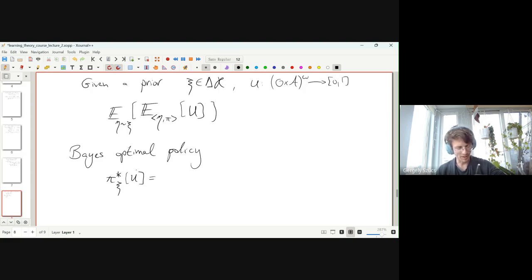If you're writing something, you can maybe omit some of these. So technically I should write that it's an element in argmax over policies of the expected utility across all the environments sampled according to this prior psi.